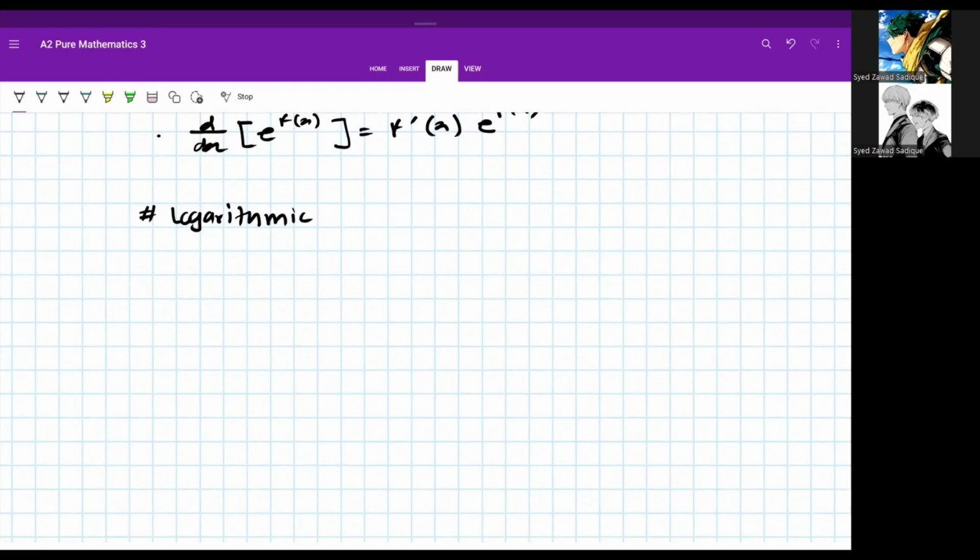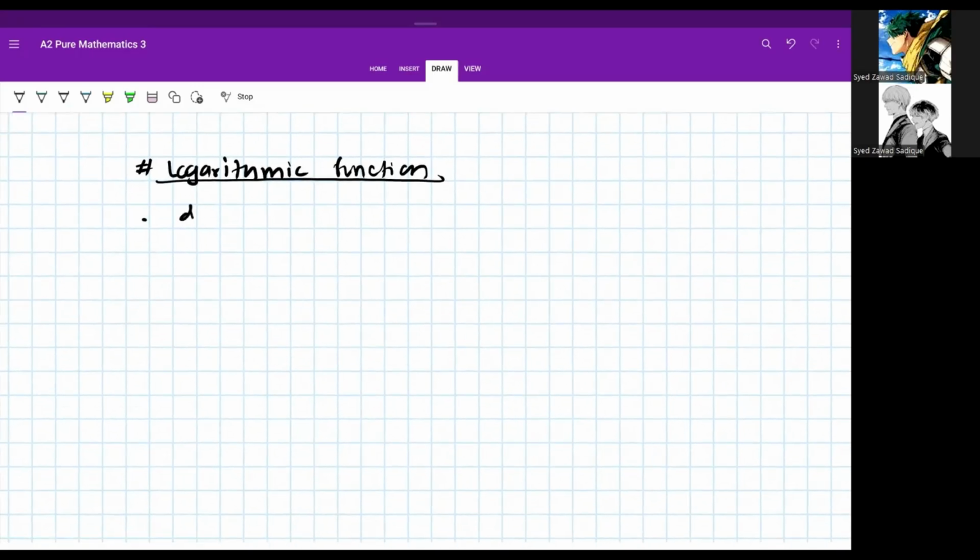Then logarithmic function. If you guys want, you can just fast forward this section because, to be honest, it is going to take some time.